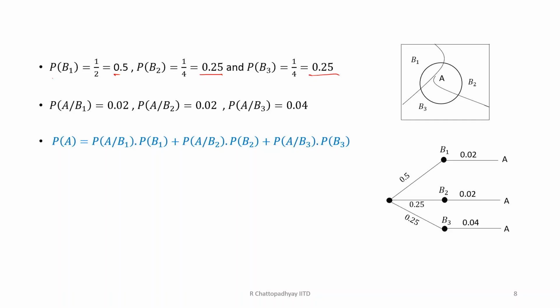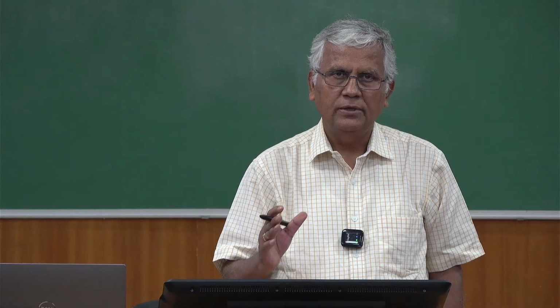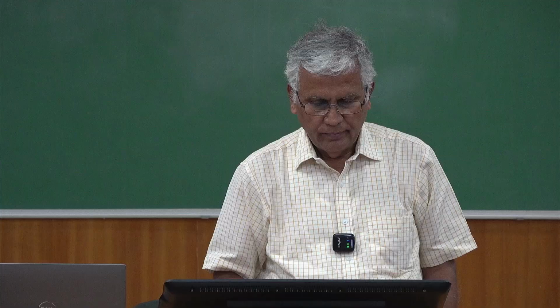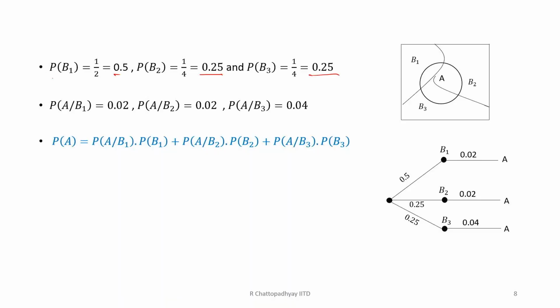Out of the total, half is from factory B1. The rest half is coming from factory B2 and B3, and they have equal proportion because their productions are the same. So we can write these are the P(B1), P(B2) and P(B3) values. Now P(A|B1), it is also stated that 2% items coming from factory B1 are defective.